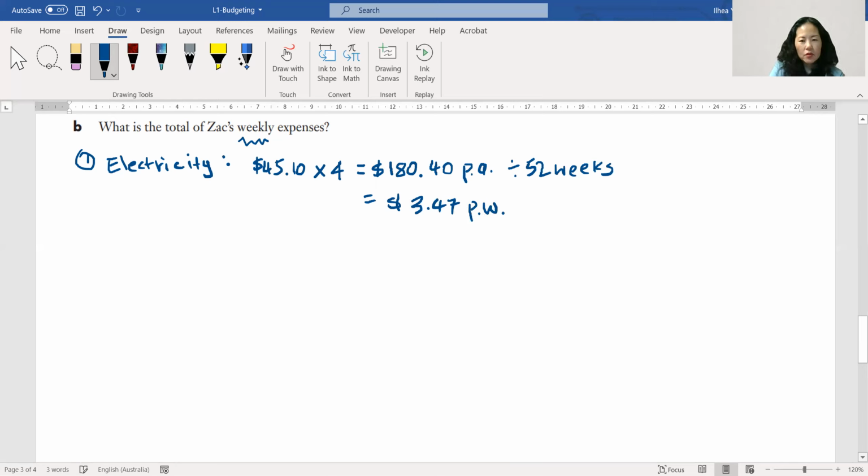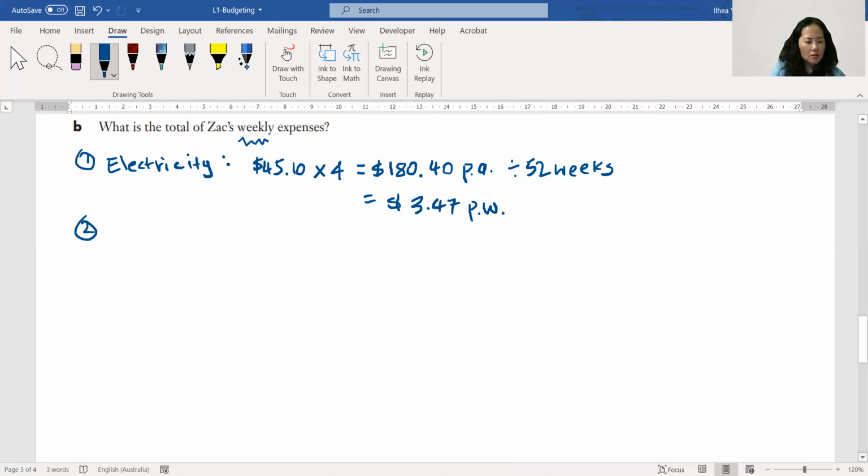So it's important you find the annual, the yearly amount, and then divide it by 52. Because you can't just go straight to a weekly amount from here, because each month has different numbers of weeks. Some months have 4 weeks, some have 5 or 3 weeks. So you can't assume there's always 4 weeks. You need to change all that into yearly and then divide it by 52 weeks.